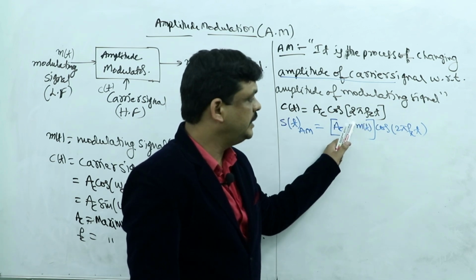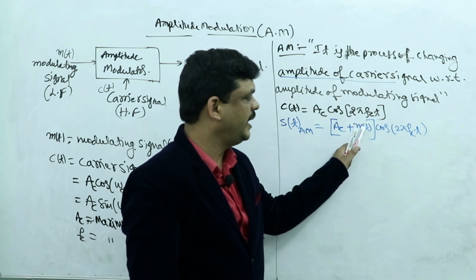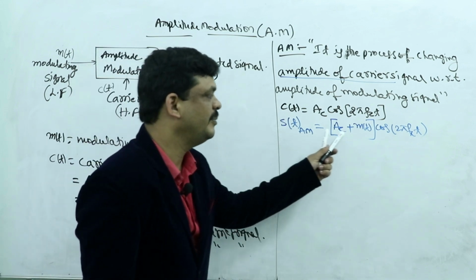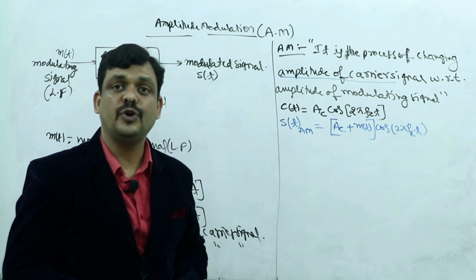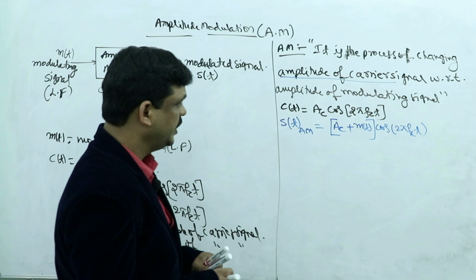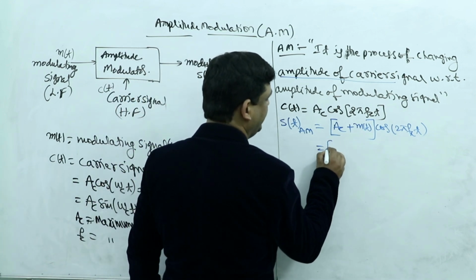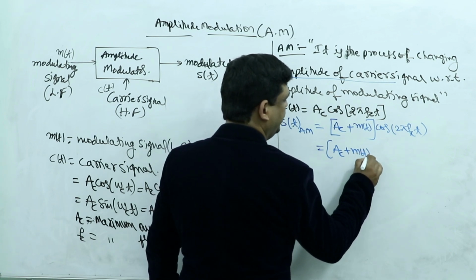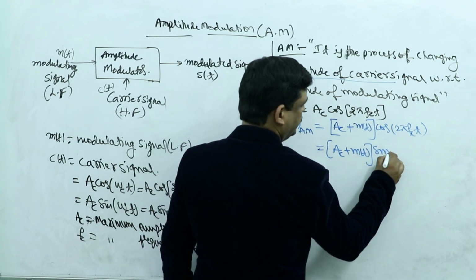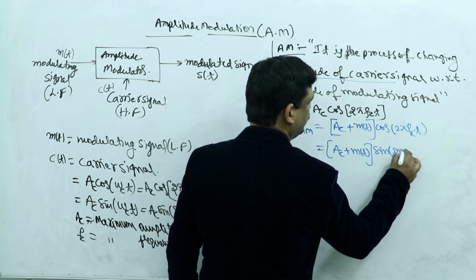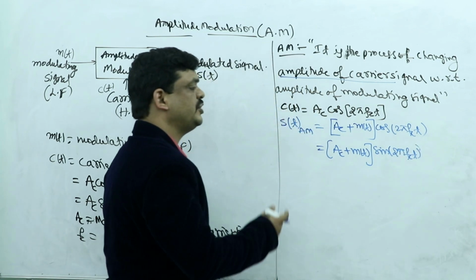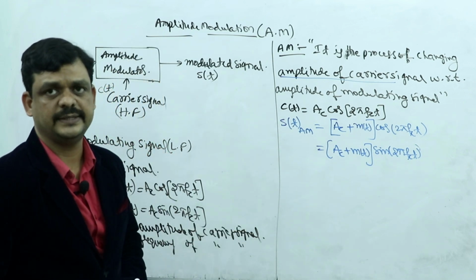That's why it directly combines with the amplitude of the carrier signal, and then this gives the modulated signal here. And if you want to write in terms of the sine function, then the function becomes like this: AC plus M of t into sine of 2 pi FCT. If you assume the carrier signal is a sine function, then the equation becomes like this.